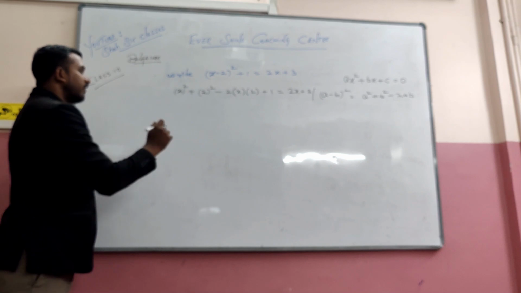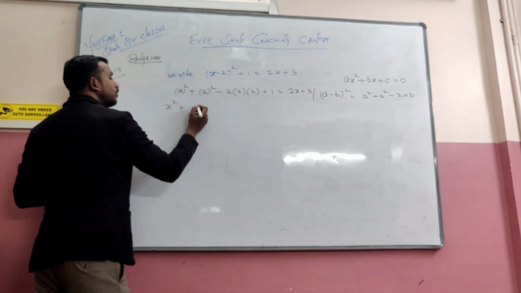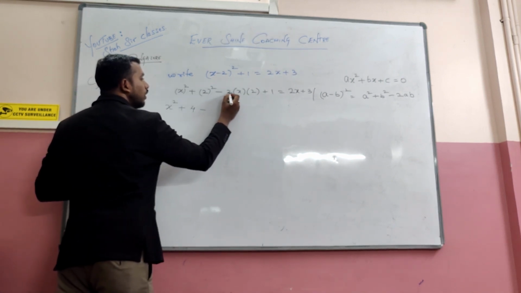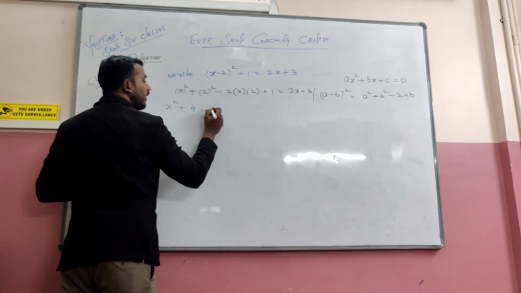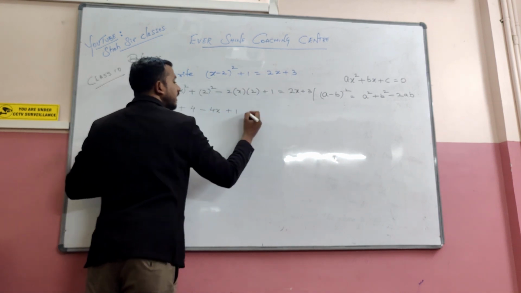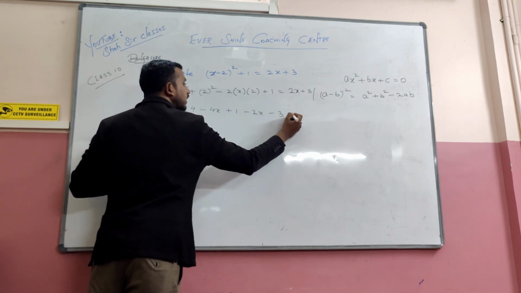Done? Now let me simplify. x square plus 2 square is 4, minus into plus is minus, 2 2s are 4, 4 into x is 4x, plus 1, plus 2x comes this side, minus 2x, plus 3 comes this side, minus 3 equals 0.